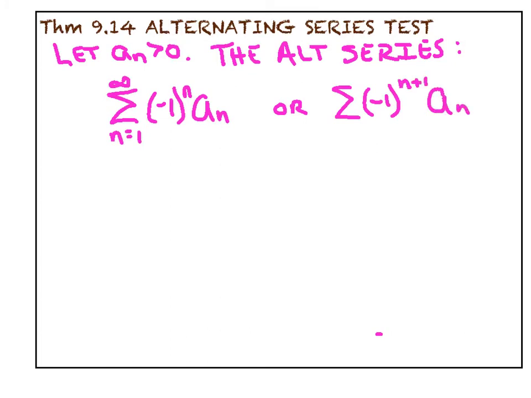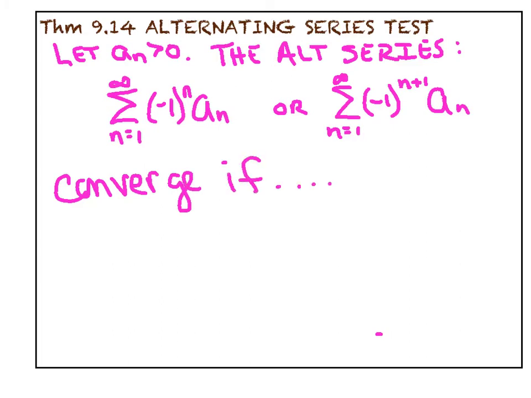In fact, I'm going to throw in a third case. Once in a while, you may see negative 1 raised to the n minus 1 power. That's also an excellent alternating series. Now, we're going to say that these series converge if the following two conditions are both met.